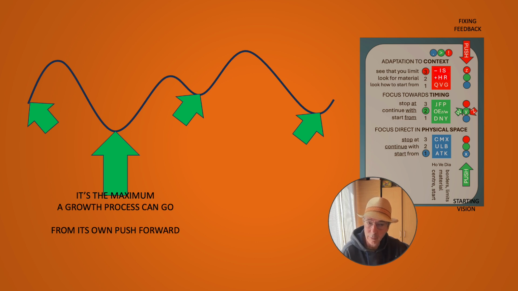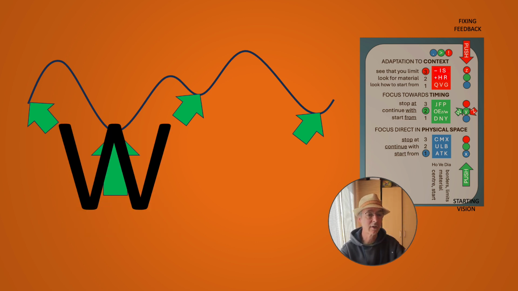It's that maximum where a process can go, where you push forward, and it just goes a little bit further on. And that form is actually coming forth from it. If you have a growth process, and plants are a growth process, then it is also that maximum where you can get out, where it's lingering on, where it hangs on. That's the W that you can recognize here.